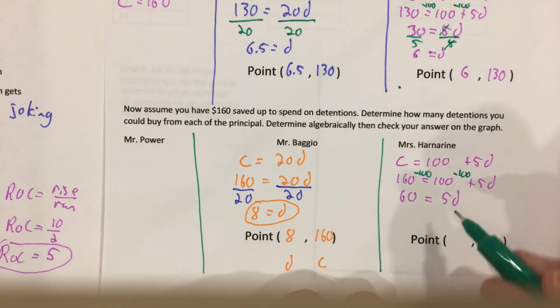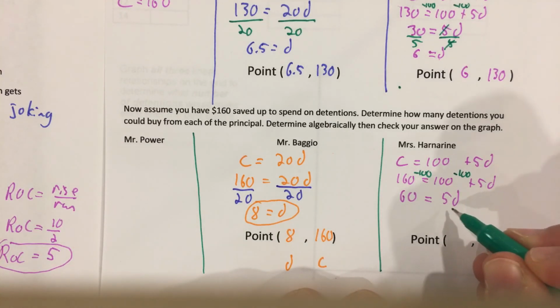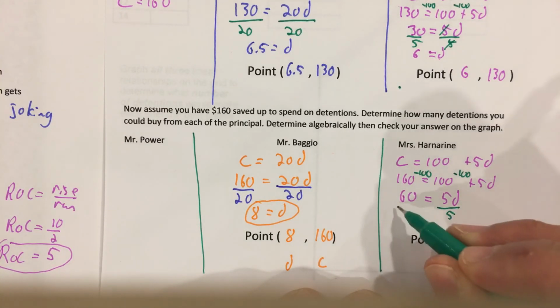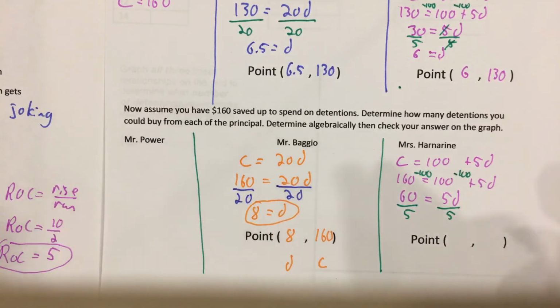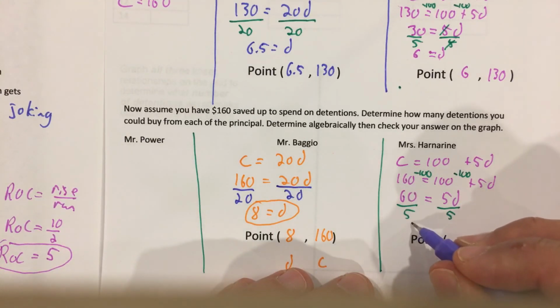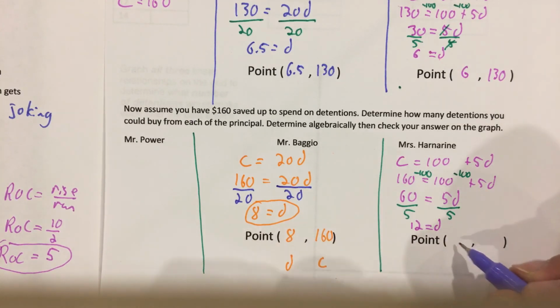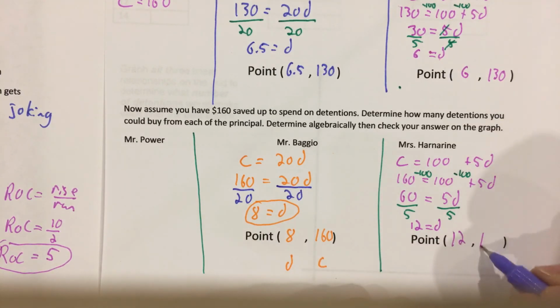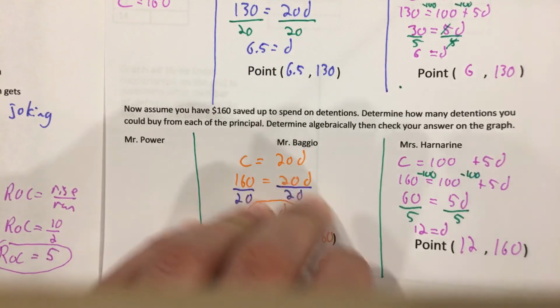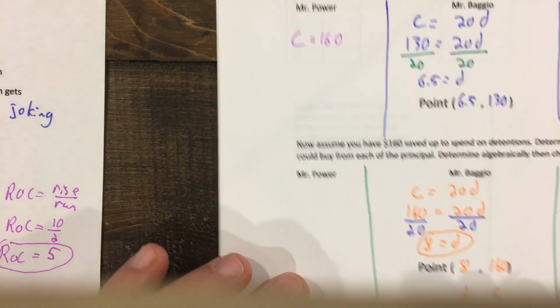To get rid of that multiplied by 5, because I'm trying to isolate my variable, divide by 5, and 60 divided by 5 is 12, the number of detentions for $160. So 12 detentions cost $160. Okay? Mr. Powers, again, a special situation.